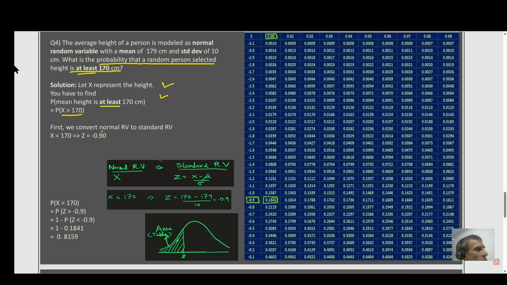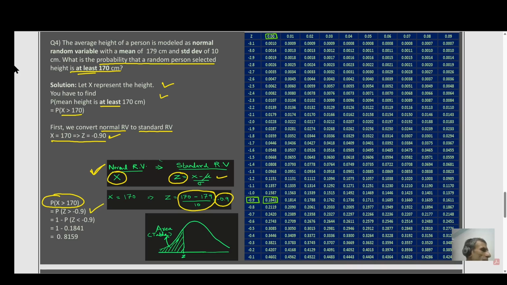First we convert our normal random variable to a standard random variable, mapping your x value to the corresponding z value using this equation: 170 minus 179, divided by 10. My answer comes out to be minus 0.9. So the probability of x greater than 170 is the same as the probability of z greater than minus 0.9.